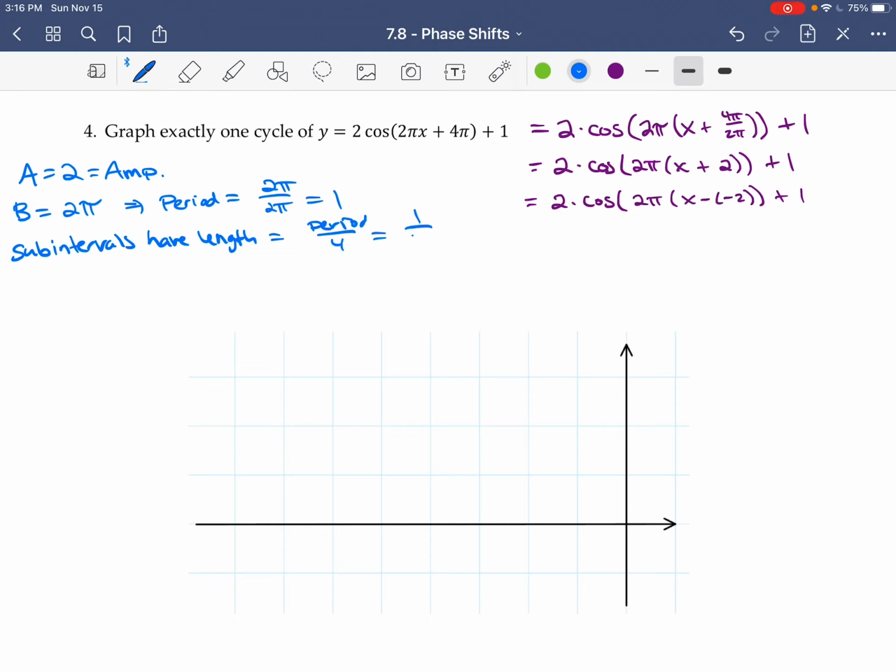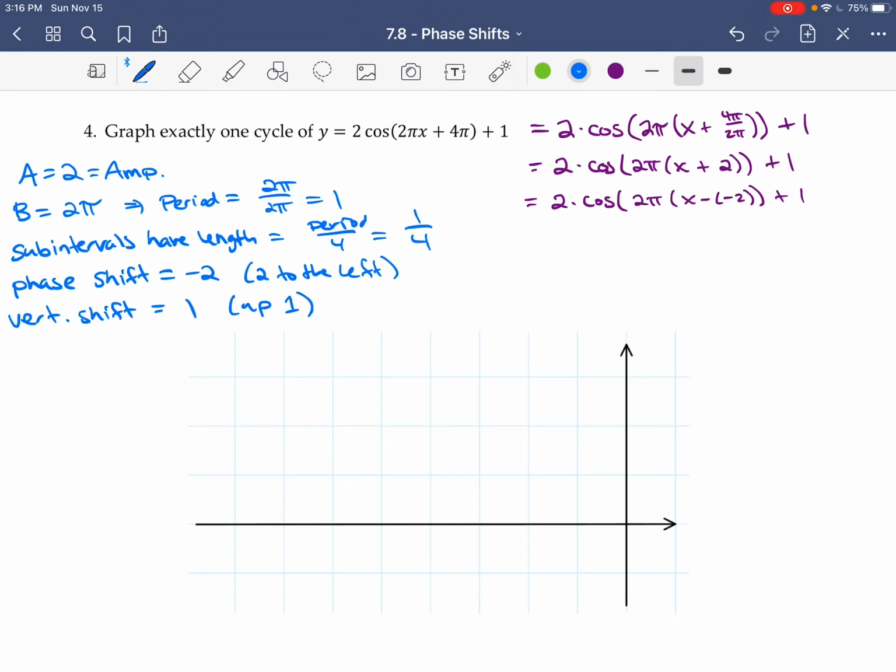So that's going to be 1 over 4. My phase shift is negative 2, so that's 2 to the left. Okay, and my vertical shift is 1, so that's going to be up 1 unit.